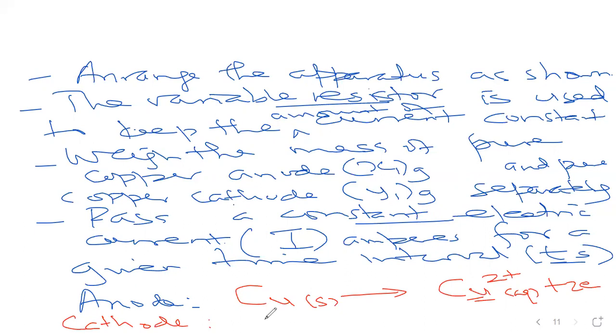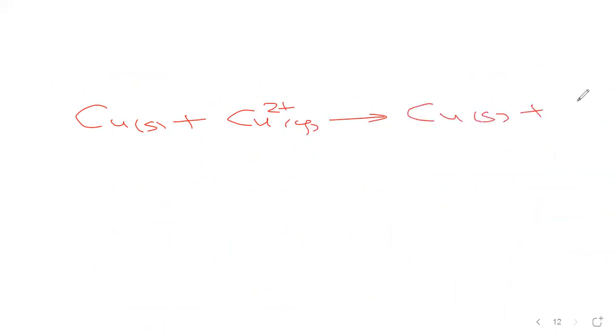At the cathode, the copper ions that have dissolved from the anode, and even those from the solution, get deposited there as a layer of copper metal. So that's what will happen at the end of the experiment. And it implies that the overall reaction in this kind of reaction is copper plus copper 2 ions, still giving us copper metal and copper 2 ions.